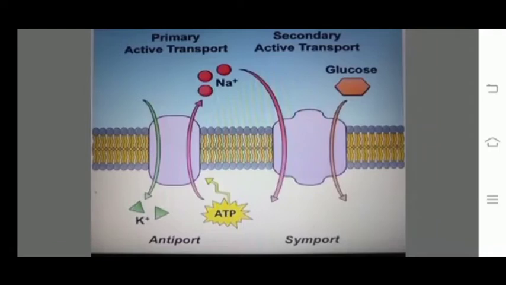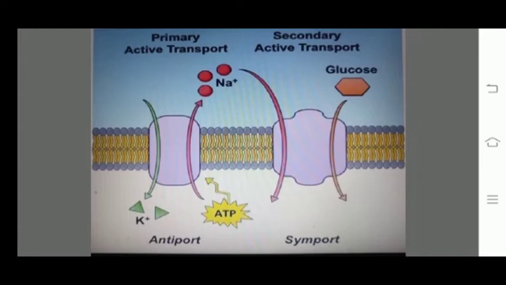Now how can we define them? If the transporters generate energy themselves, then it is called a primary active transporter. Like the sodium plus and potassium plus pump is a primary active transporter. The secondary active transporter uses energy that is stored by the primary active transporter.